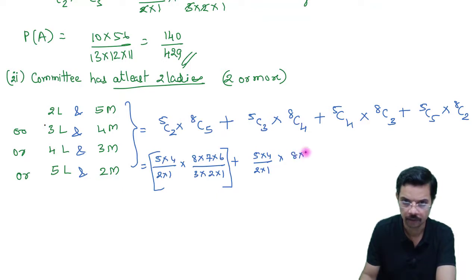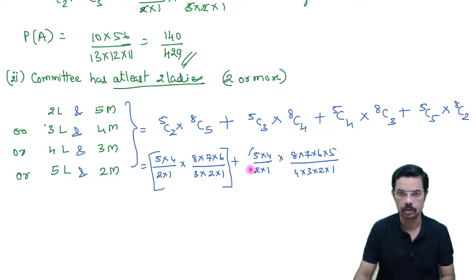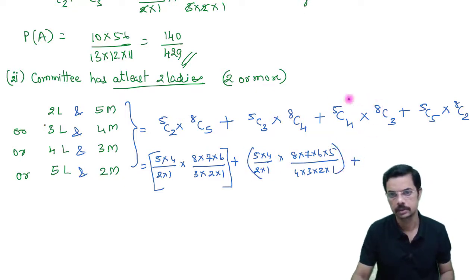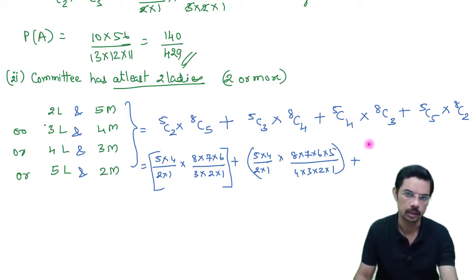So it is 8 into 7 into 6 into 5 divided by 4 into 3 into 2 into 1. This can also be simplified. Then plus this part will be written as 5C4, which is equal to 5C1.